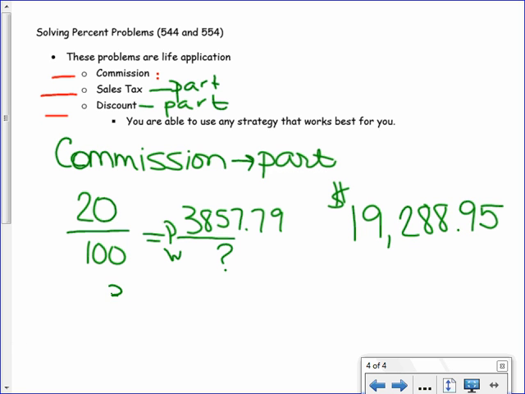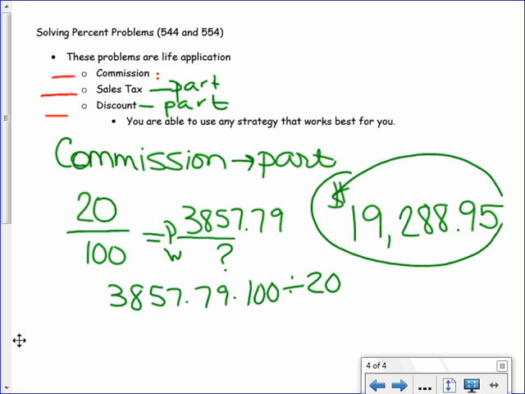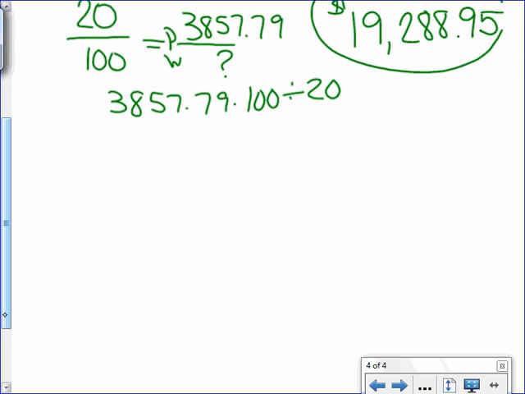So I took 3,857.79 times 100 divided by 20. Okay, so then this is the amount of sales. There's our commission example.